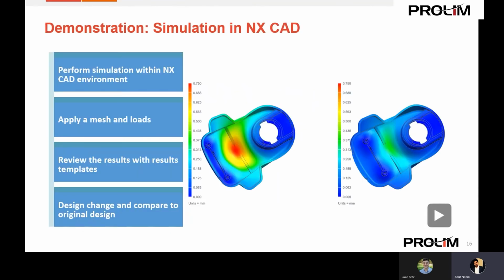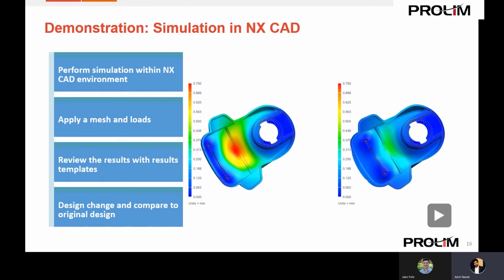So here, let's take one example wherein we start with the CAD design. I mean, let's say the design is already available for us, and then we will generate the mesh, and we will apply the loads and constraints which it is going to carry, and then we will solve it and review the results, right?